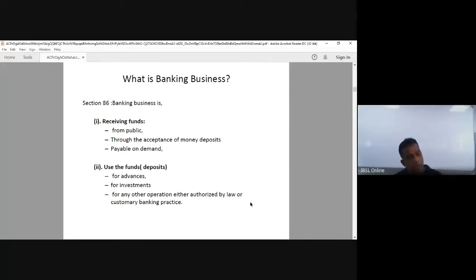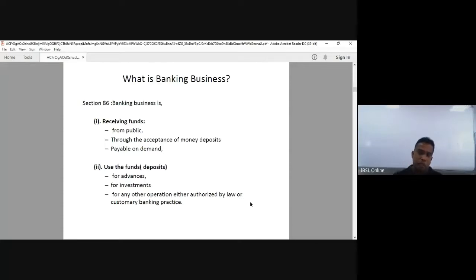You take deposits from the public, promise to pay 5% at the end of the year, and you give that money to another customer, 100,000, and you charge 10% from the customer. So what will happen at the year end? You get 110,000 rupees from this customer and you pay 105,000 to the depositor. So you have 5,000 profit. So that is our business.